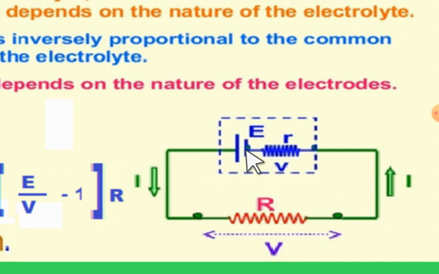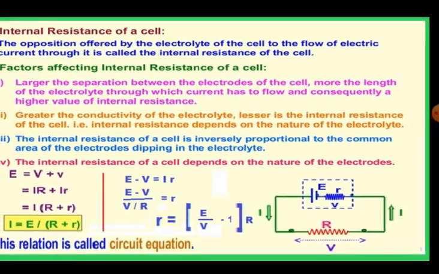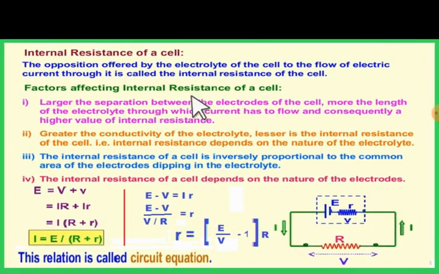The opposition offered by the electrolyte, the chemical present inside the cell, when ions move from the positive plate to the negative plate inside the cell itself, that opposition to the flow of ions from one electrode to the other electrode, we call it what? Internal resistance of a cell. It is inside the cell, so we call it internal.